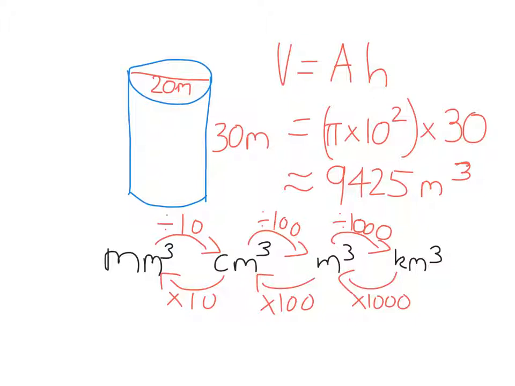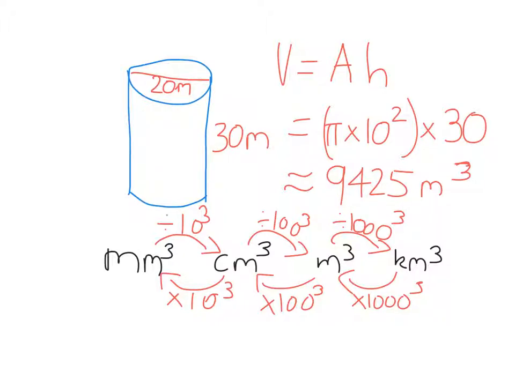So remember, for millimeters squared to centimeters squared to meters squared and kilometers squared, you had to square the conversion factor. Here we cube it. All of these now need a cube. So for example, to go from millimeters cubed to centimeters cubed, you need to divide by 1,000. There are actually 1,000 millimeters cubed in a centimeter cubed, and so on.